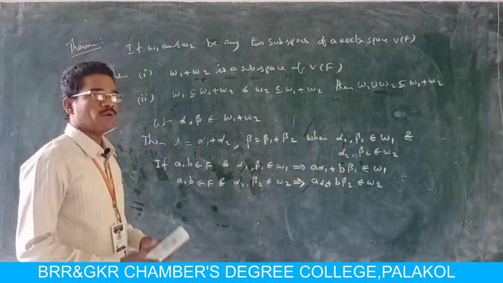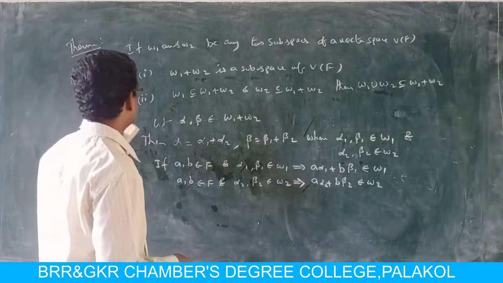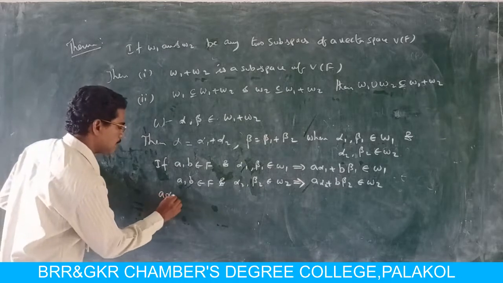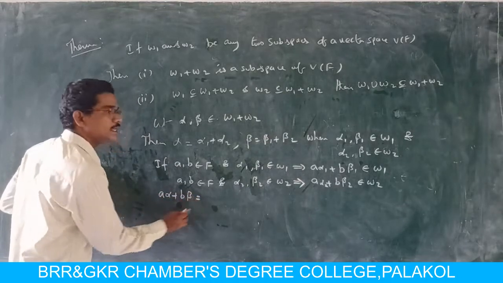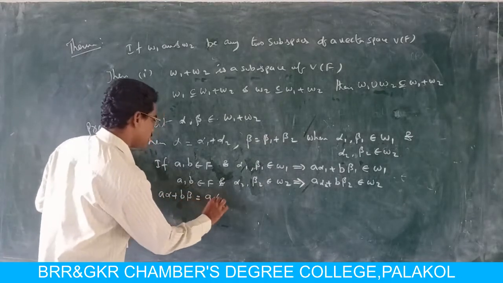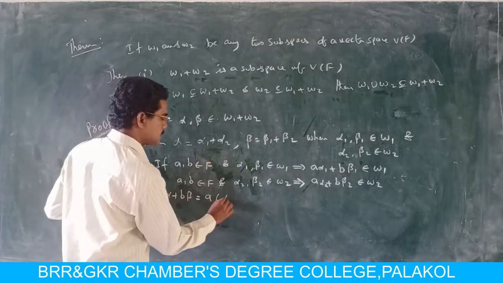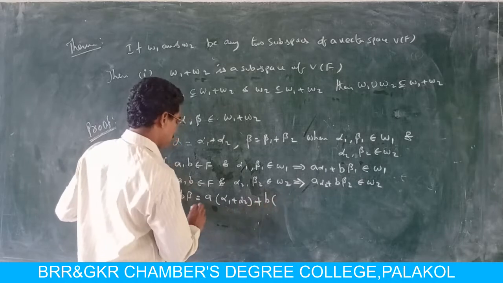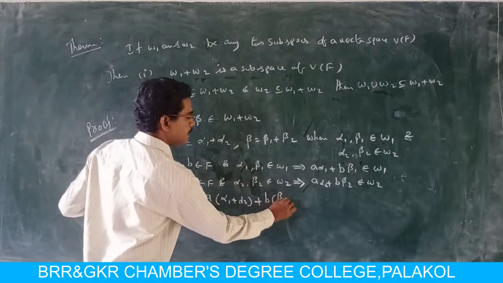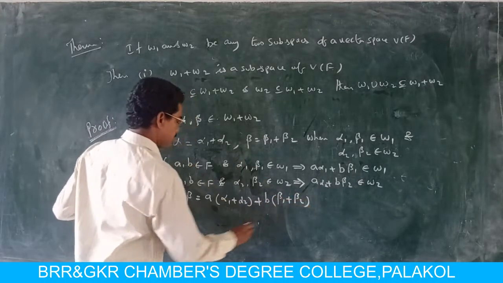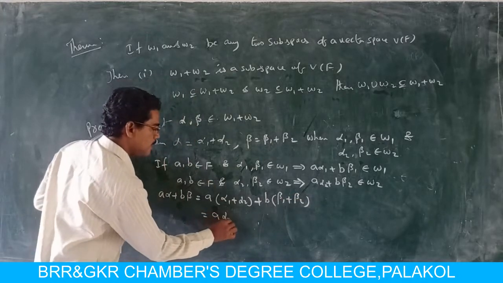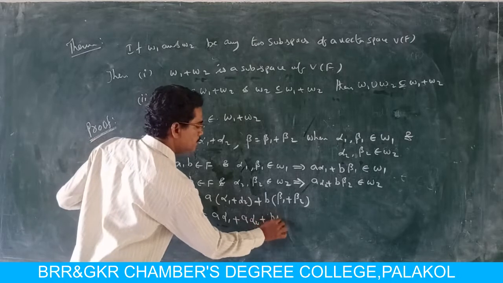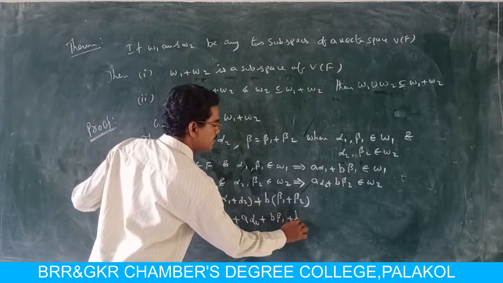Now, a alpha plus b beta is equal to a into alpha, that is alpha 1 plus alpha 2, plus b into beta, that is beta 1 plus beta 2. Here a alpha 1 plus a alpha 2 plus b beta 1 plus b beta 2.